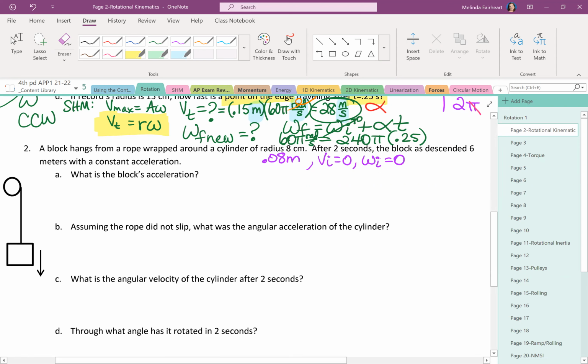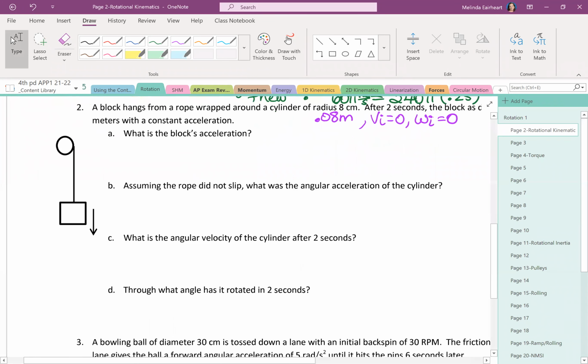And so look at what they gave us, 6 meters, linear or angular? Linear, that's a change in height, right? So we could say, maybe here's where it starts and there's where it ends. And so we have a delta Y of 6 meters, okay? And so we know it's going to fall 6 meters.